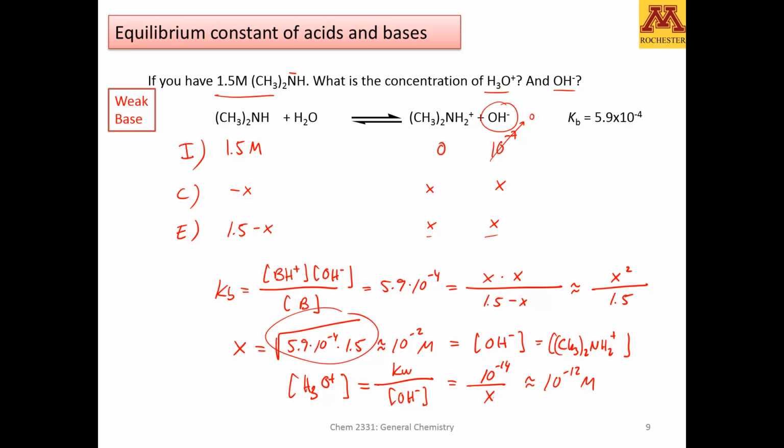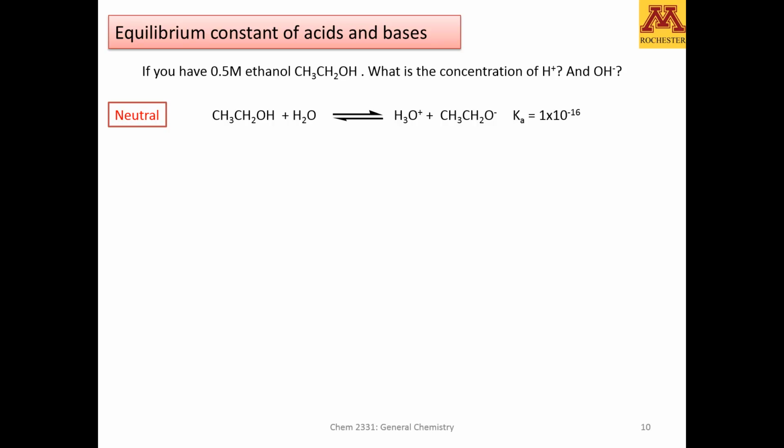Now, how would that change if you have a very, very weak acid? Why do I say very, very weak? At what point should we consider an acid neutral? The moment your Ka is smaller than the Kw, the 10 to the negative 14 provided by water, it means that this weak acid will provide hydronium ions even less than water itself.